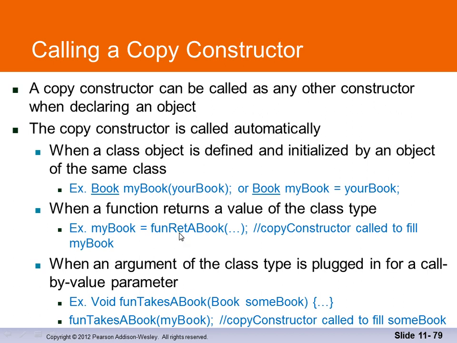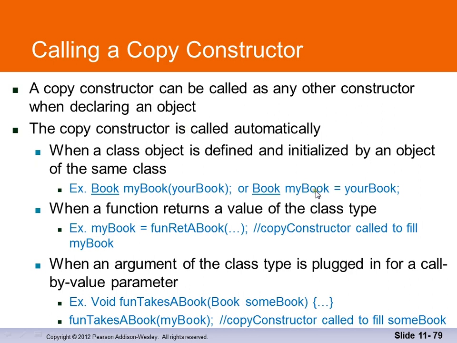But here's also a fourth one, if you wish. If you have a function that returns an object and you're storing it inside an object, then the copy constructor will be called. What we have on the left-hand side over here will be constructed based on what this function returns. So if the function returns an object and you're trying to store it in the left-hand side, and the left-hand side is also another object, the copy constructor is called.